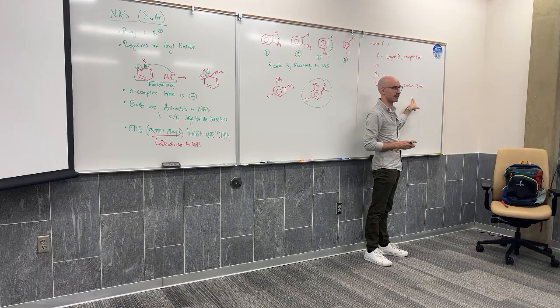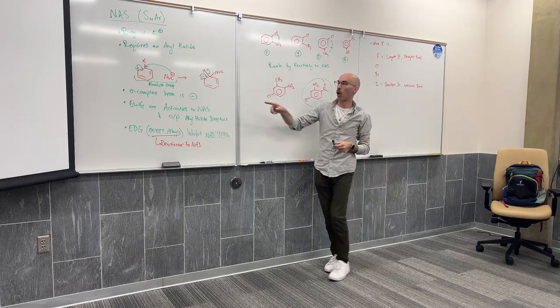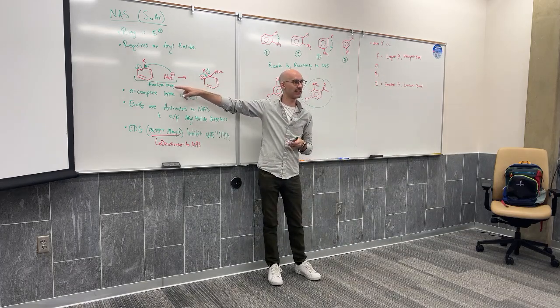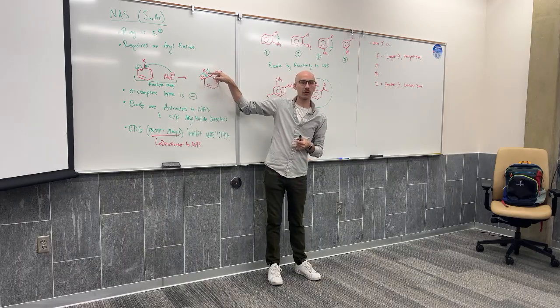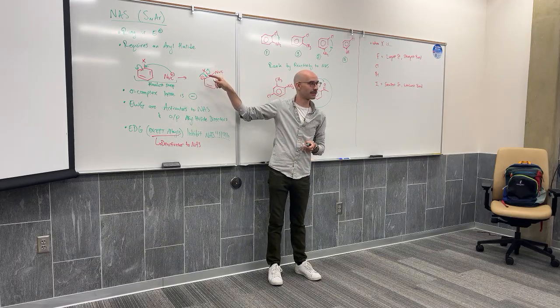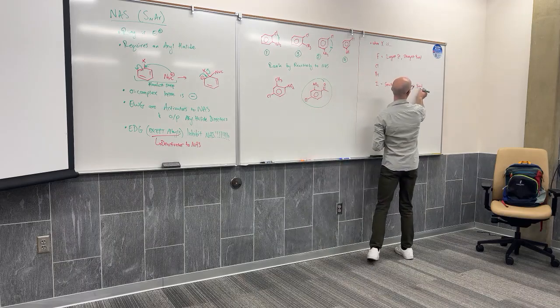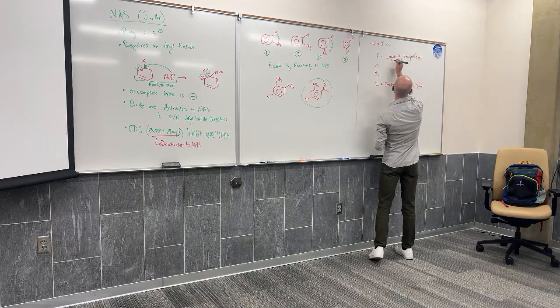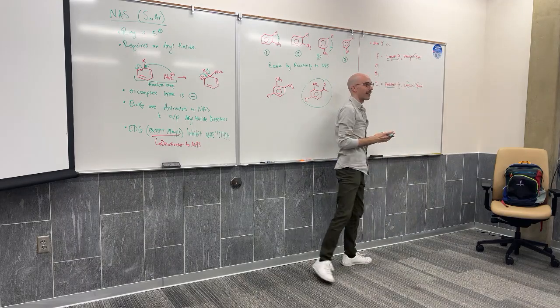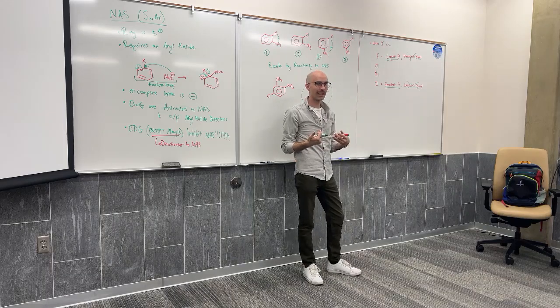Doesn't matter. Because the hardest step is breaking aromaticity, but that doesn't even include breaking the halogen bond. So it's not about how strong the bond is. That's an interesting thing, but it's actually about how electrophilic that carbon is.